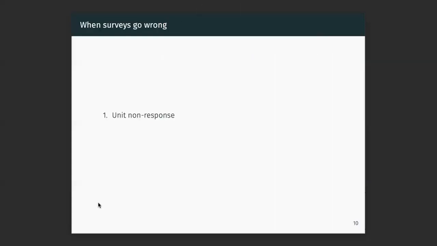Where surveys can go wrong. Unit non-response is when an element who's selected for a survey chooses not to respond to the survey. So if we were conducting a stratified sample of elementary students in a city, and we're going to stratify by school, right?